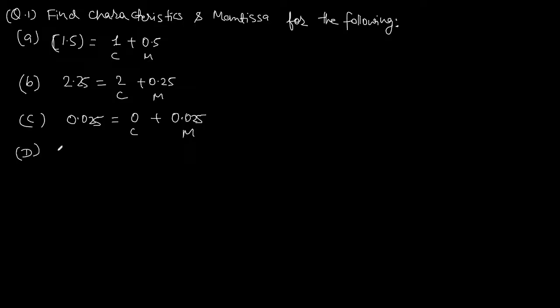D: minus 1.25. So we have minus 1 plus minus 0.25. So Mantissa needs to be always positive. So we'll add 1 and subtract 1. This is characteristic, this is Mantissa.